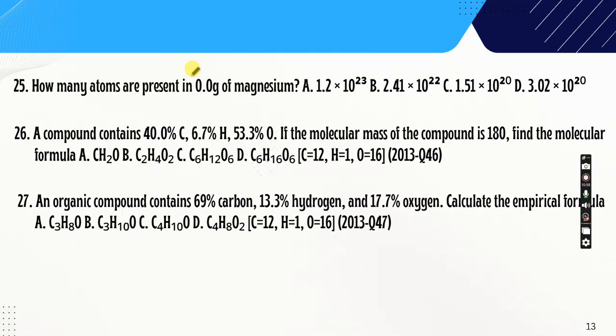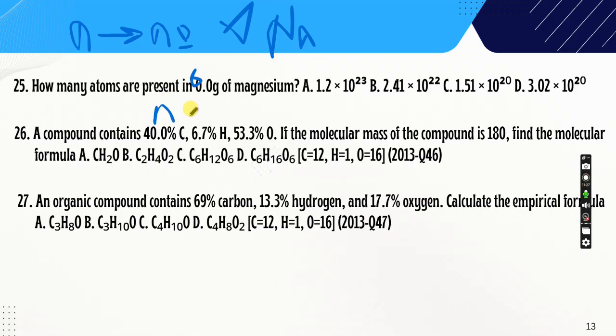So this particular question is meant to be 6.0 gram of magnesium. We are looking for the number of atoms. The formula for the number of atoms is the number of mole multiplied by the Avogadro's constant. So we need to find the number of mole in 6 gram.